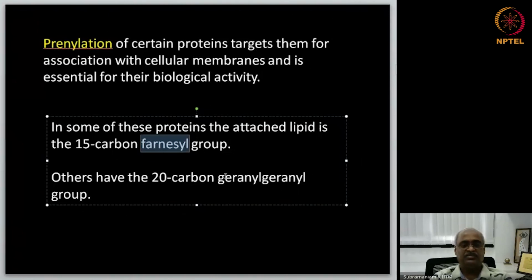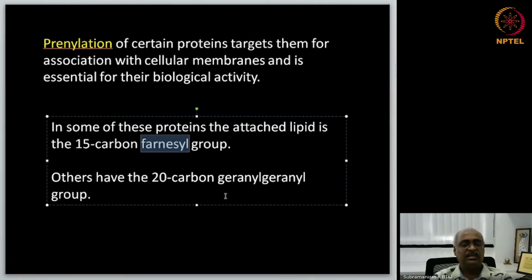And sometimes it is a geranyl group attachment. Geranyl is IPP and DPP joining, and then you have another IPP that became farnesyl. But if you have two geranyl groups joining, that gives you this 20 carbon geranylgeranyl group.